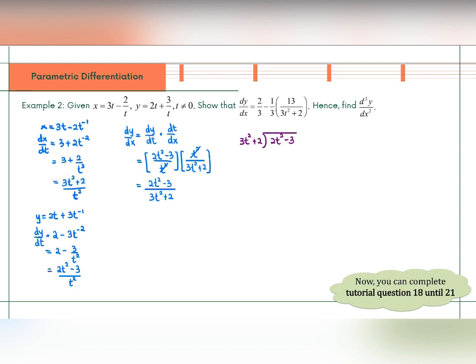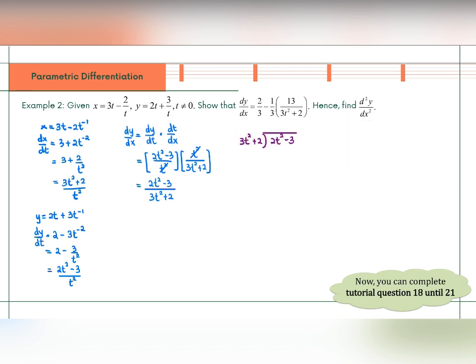Okay, this is quite complicated sedikit. What constant multiply by 3 dapat 2? Nampak tak? 3 darabkan dengan something sama dengan 2. So, kita nak hilangkan 3, kita nak wujudkan 2. So, kita akan darabkan dengan 2 per 3. Dapatlah 2.